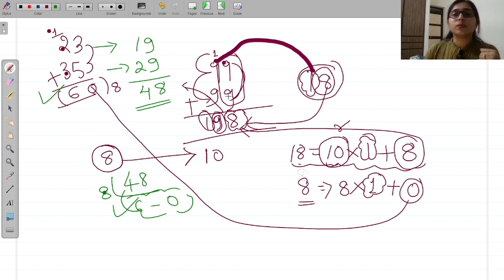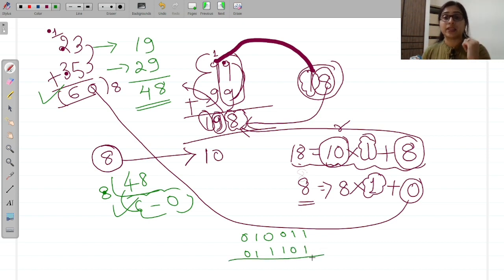Okay. Or else we can do something like this. I can convert it to binary. So this is 110, 0, 0, 0, 11. So again what can I do? I can write this. So what is 110? It is 6. 0, 0, 0 is 0.